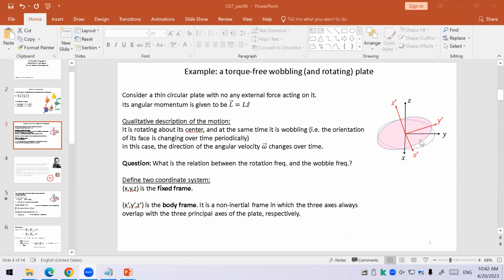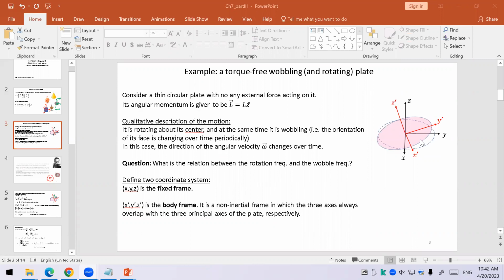Then if I have such an object, how should I take a set of generalized coordinates to describe this kind of rotation? Or that is to say, if I give you an object, like the plate, my hand, I want to describe its state.